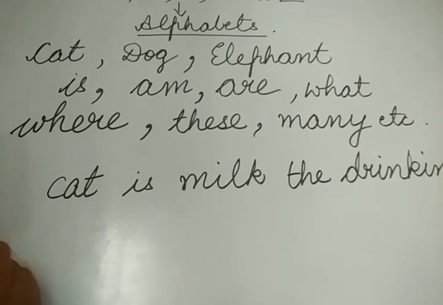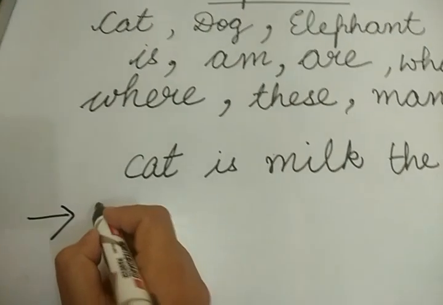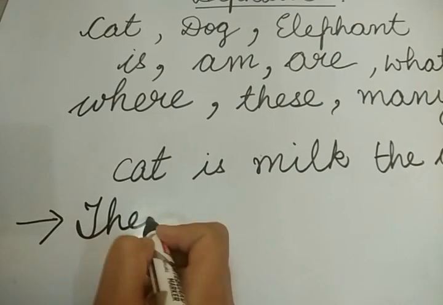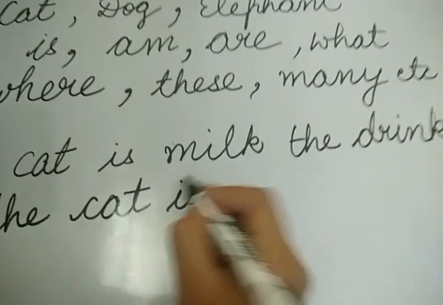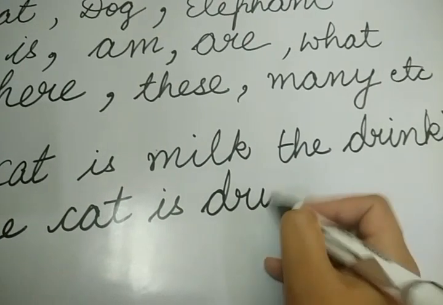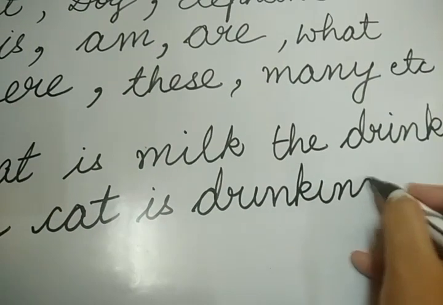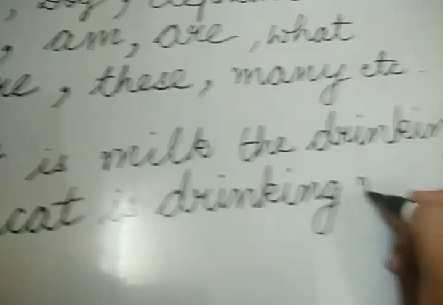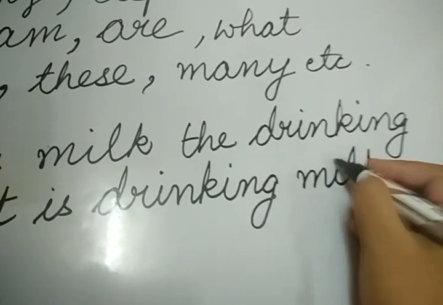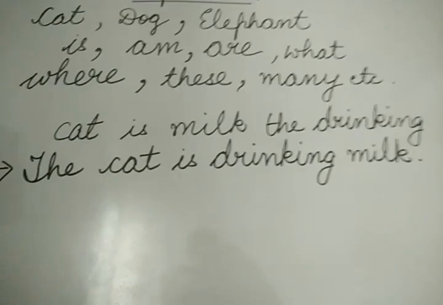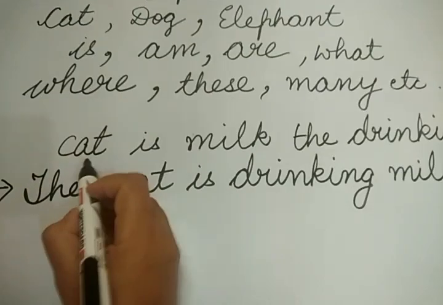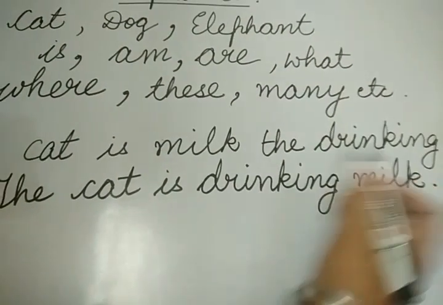Like suppose I write the answer over here. The cat is drinking milk. Then full stop. Now this sentence I have written means I have written these words in proper order.